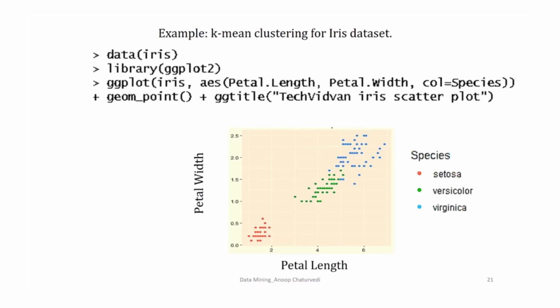Now, we consider this example of k-mean clustering for the IRIS data set. This data set is built in R, and since we have already used this IRIS data set earlier also, I am not going into the details of the data set.